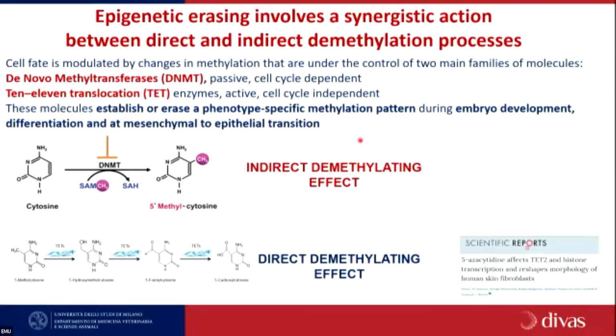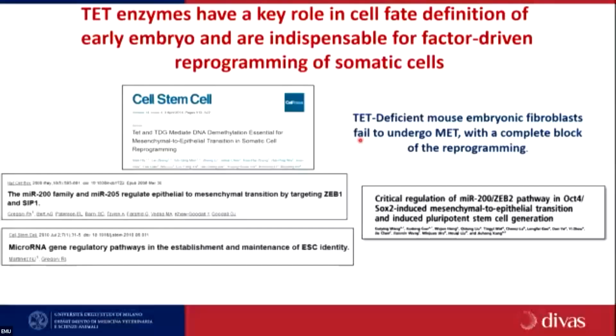And in particular, in this case, we were decreasing the DNMT, de novo methyltransferase activity, in order to basically reduce methylation in cells. And at the same time, we were activating a family of enzymes which are called the ten-eleven translocation enzymes, or TET enzymes. And these enzymes are of great interest recently because they are mainly the factors that are activated by the Yamanaka reprogramming protocol.